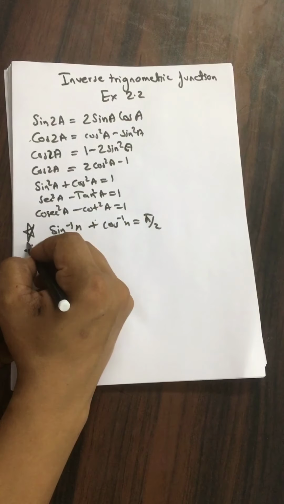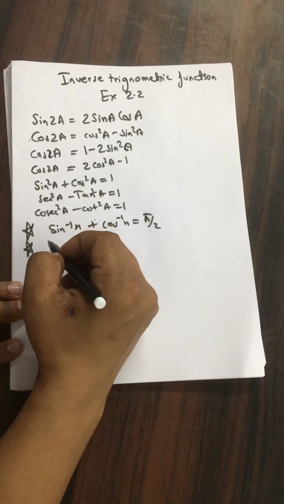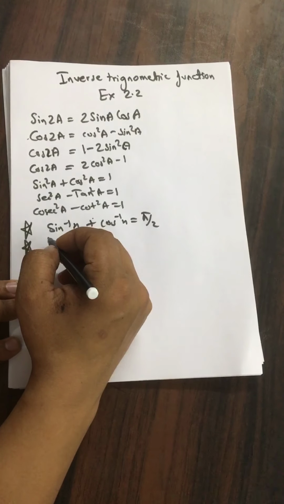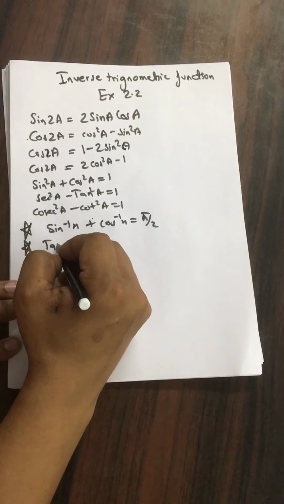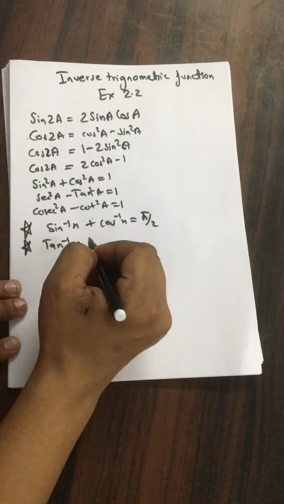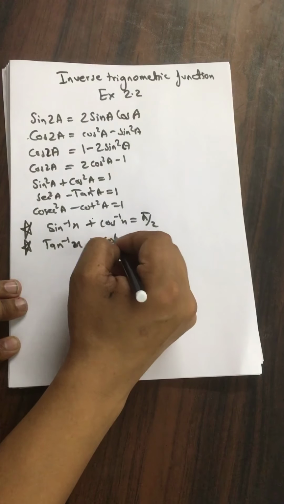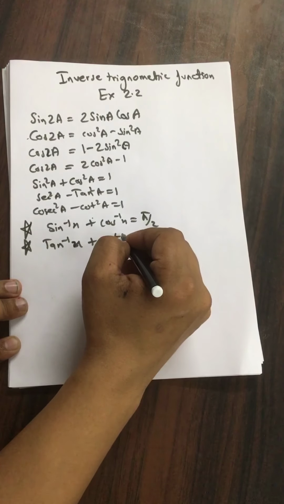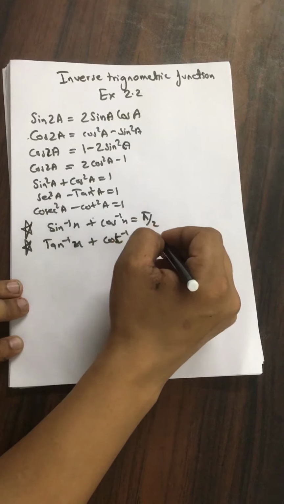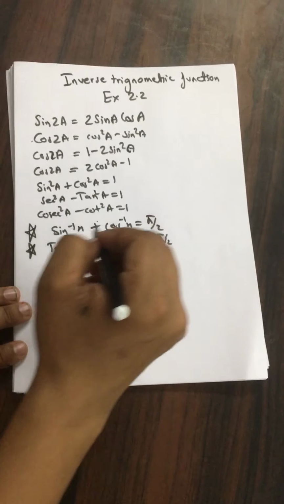Very simple, like the way you know all the formulas of class 10 and 11, similarly you will know for class 12 also, once you practice some questions. Similarly, tan inverse x plus cot inverse x equals pi by 2.